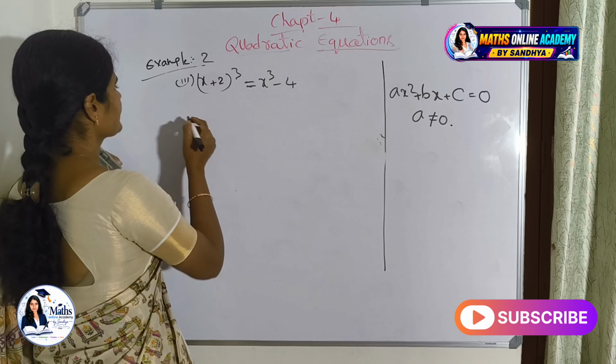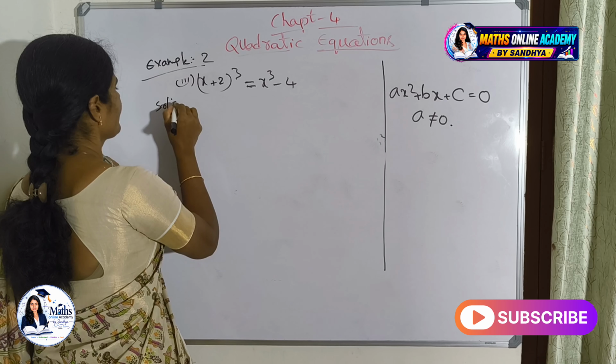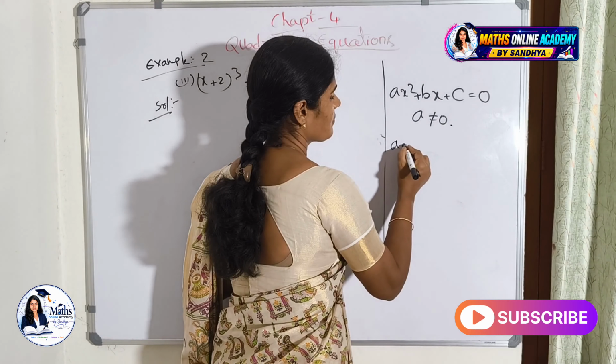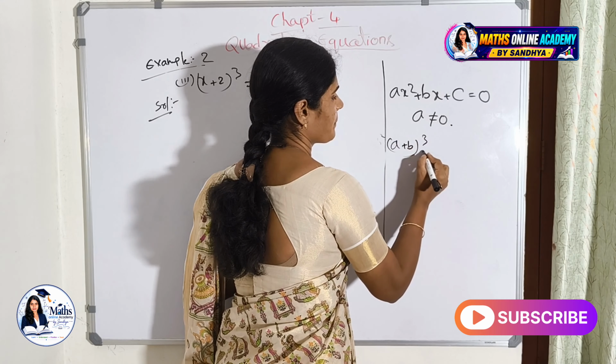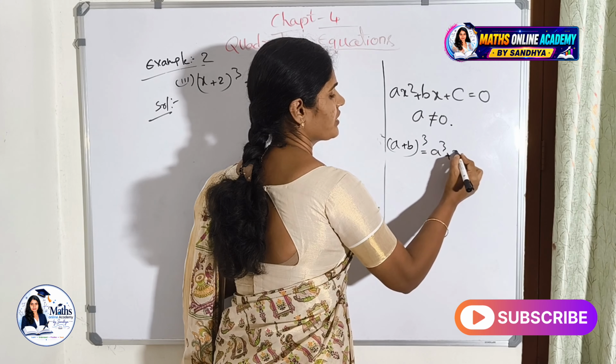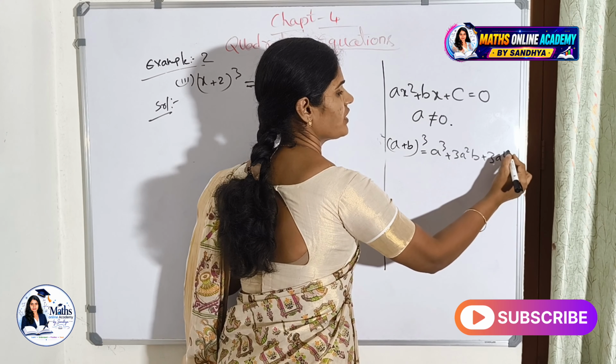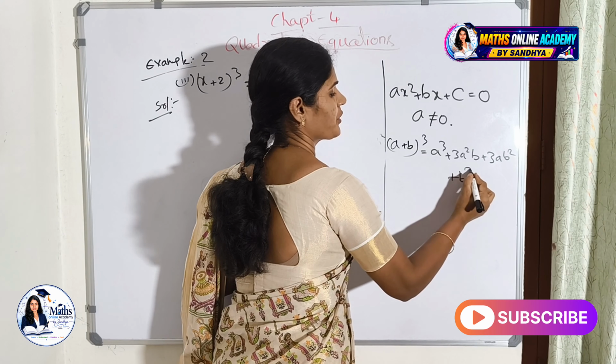A plus b whole cube. It will be the whole cube formula: a cube plus 3a square b plus 3ab square plus b cube.